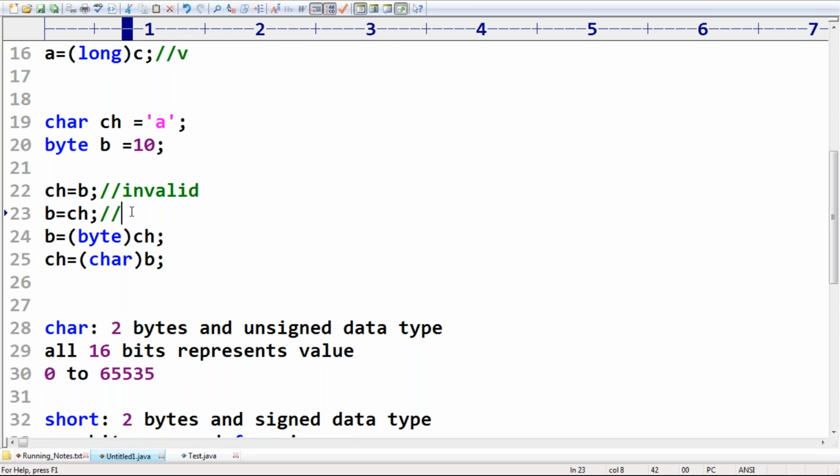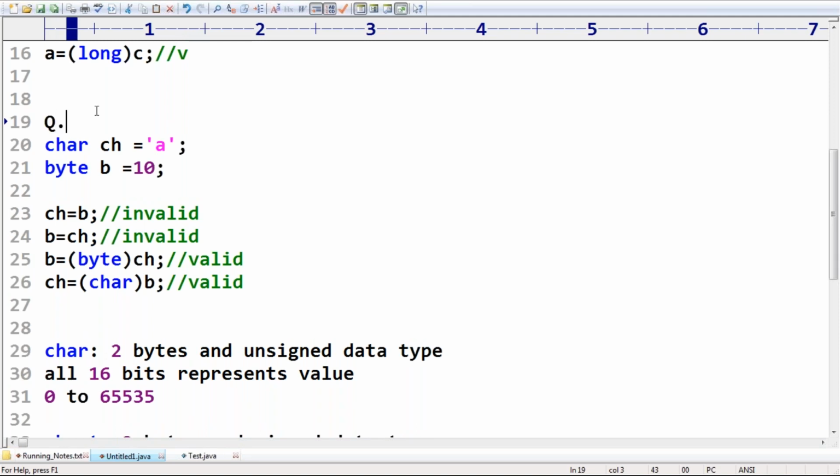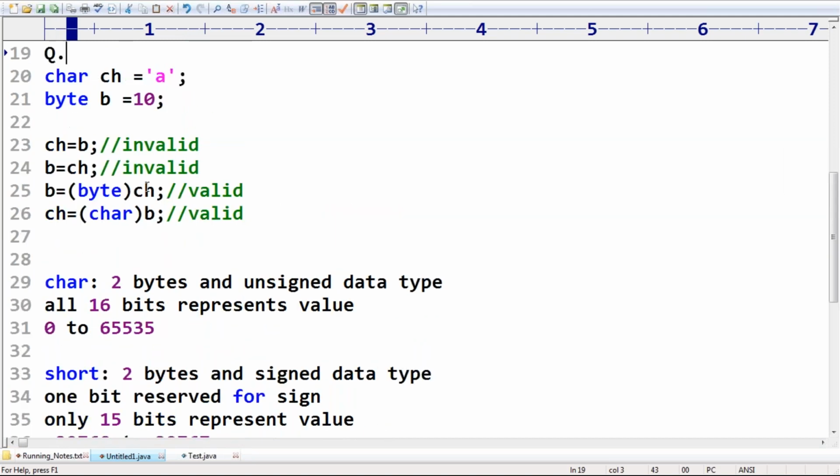Next, char to byte, direct assignment, you can't do that. What is the reason? I told you, char is 2 bytes, up to 65,535, but byte does not have that capability. But when I perform explicit typecasting, these are perfectly valid. Remember this one, sir. Friends, are you in the position to understand?